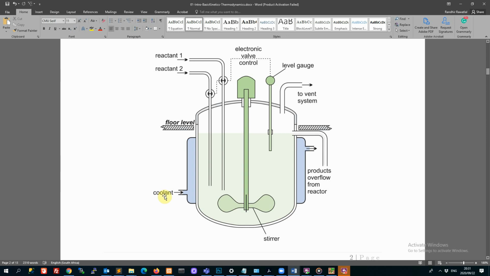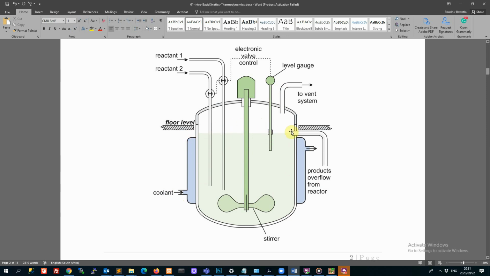We could be controlling the flow rate of the coolant through this cooling jacket. That is one thing that could help us to maintain the temperature in there. Another kind of control we might be applying is that we want to maintain the level here. So there might be a liquid level here. I'm not sure if you can see this color, but there's a pale green color here.